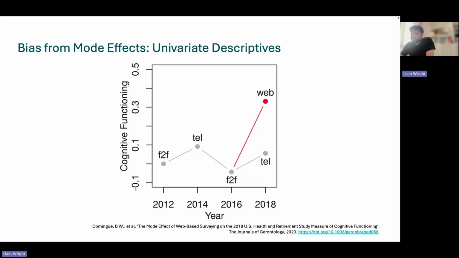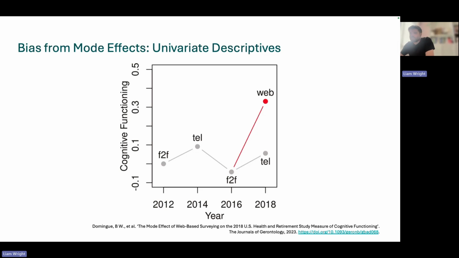In this survey, at 2-year intervals, respondents were asked to complete a measure of cognitive functioning. And on screen is just the average score on that variable across the population at different time points and in different modes. Now, given this is an aging population, you would expect that cognitive functioning would decline over time.